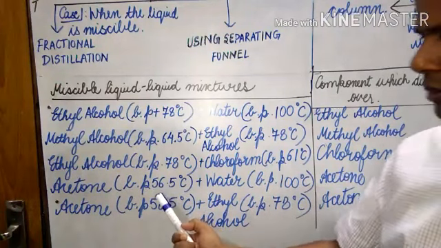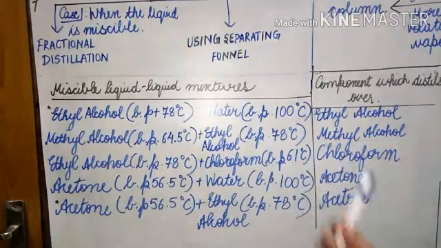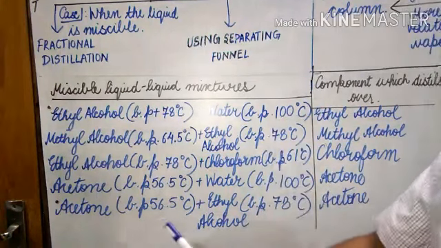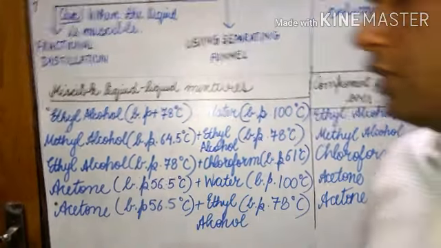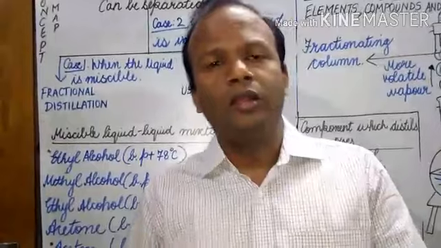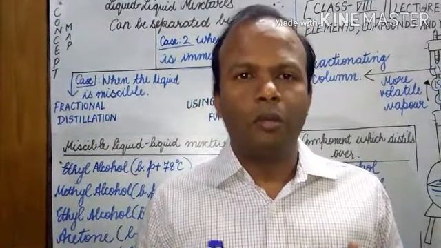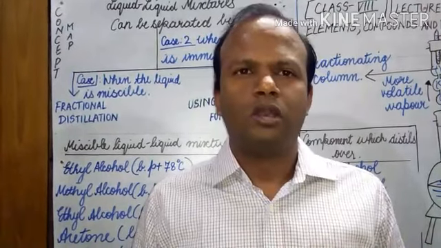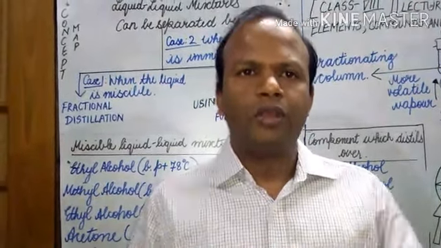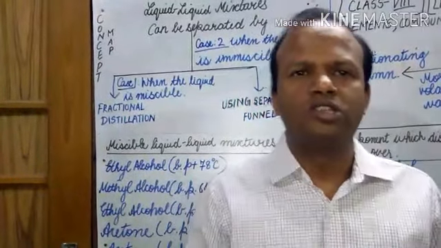Acetone has a boiling point of 56.5 degrees Celsius, so this will distill over first. Then acetone and ethyl alcohol is a mixture of acetone and ethyl alcohol. Which has the lower boiling point? Acetone. So it will distill over first, meaning it will form vapor rapidly in comparison to the other liquid. And it should be remembered that both liquids will form vapor. They are volatile. Only then can we go through this process of fractional distillation.